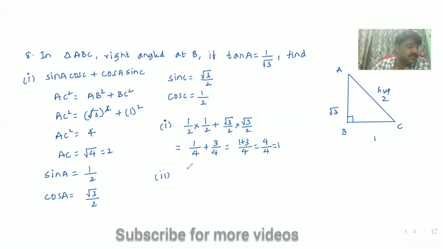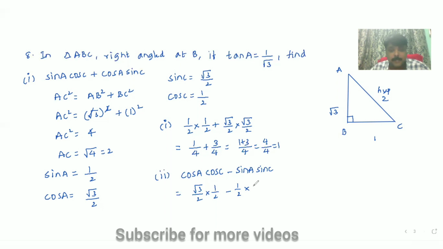And the second one we are asked to find here is cos A cos C minus sin A sin C. Cos A is root 3 by 2, cos C is 1 by 2, minus sin A, which is 1 by 2, into sin C, which is root 3 by 2.